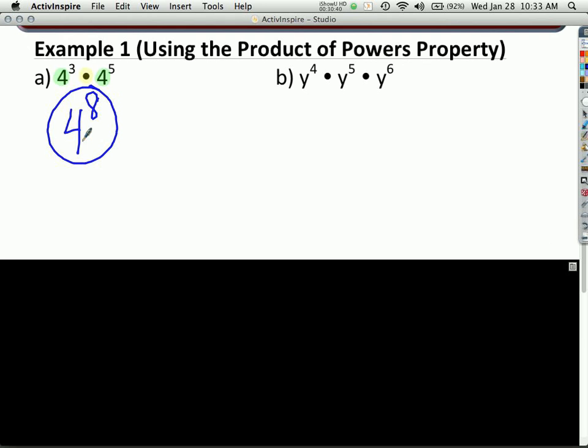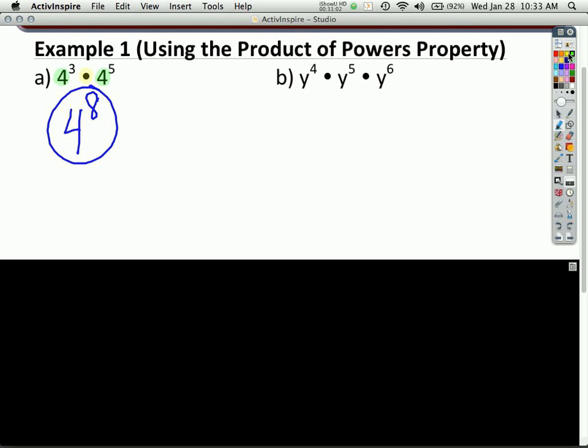Does anyone have any comments? Okay, what about part B? Give me a thumbs up if you think you already know what part B will be. Tyler, what do you think it's going to be? You think it's going to be y to the 15th? Paige, do you agree with that? So all we have to do is check. Is it a multiplication problem?